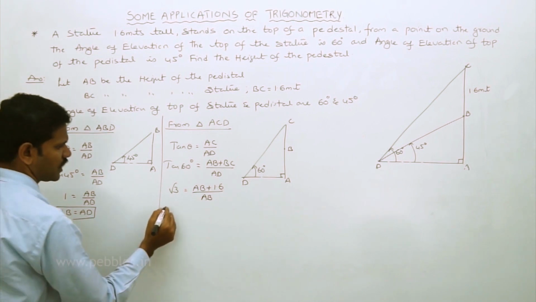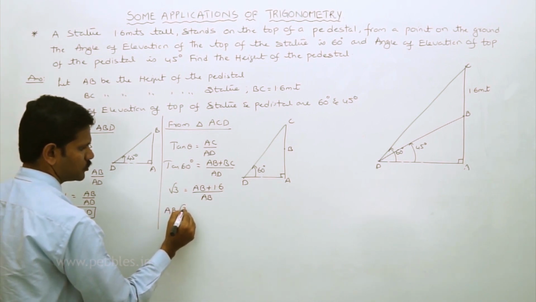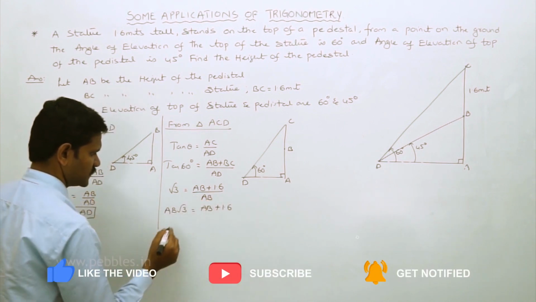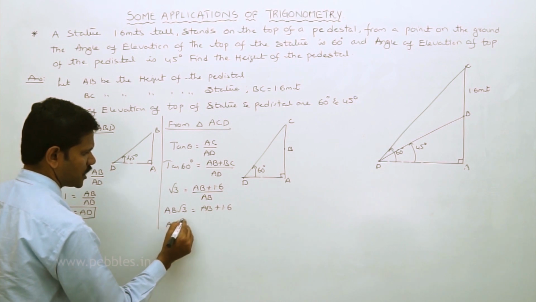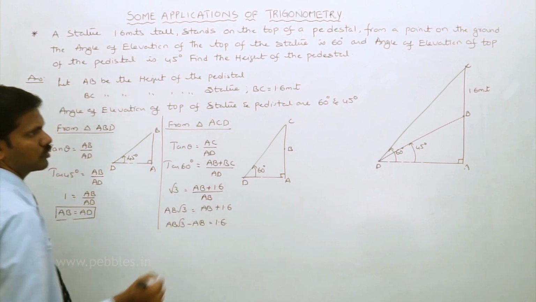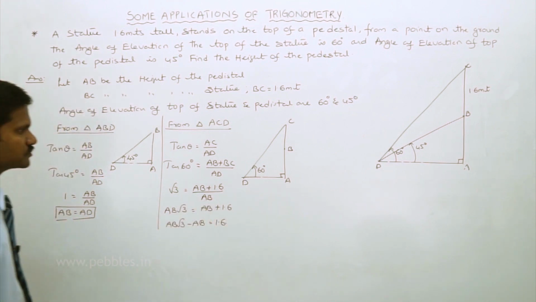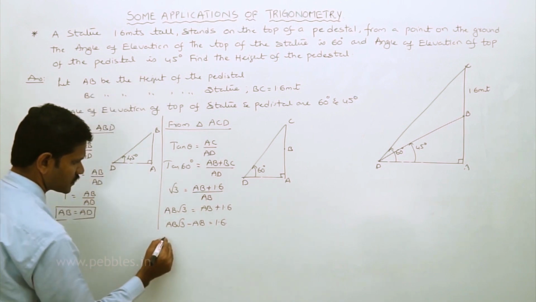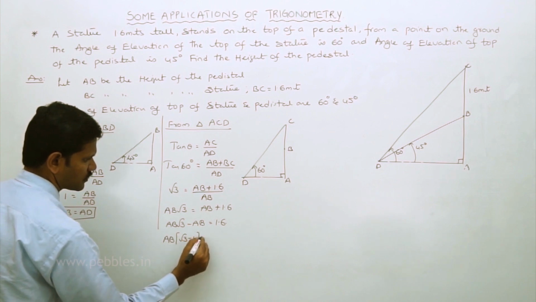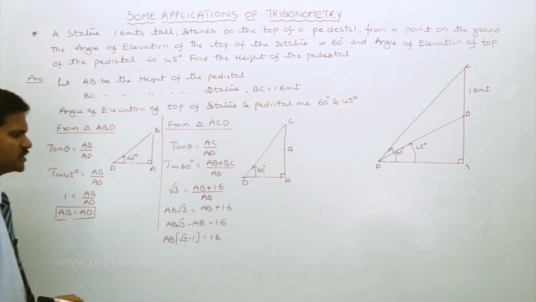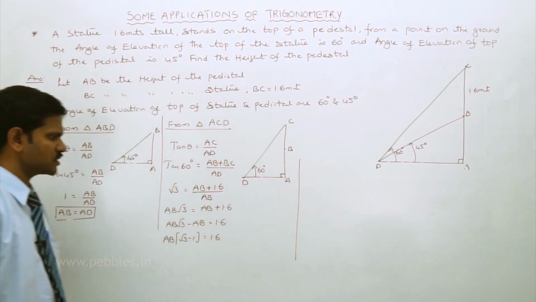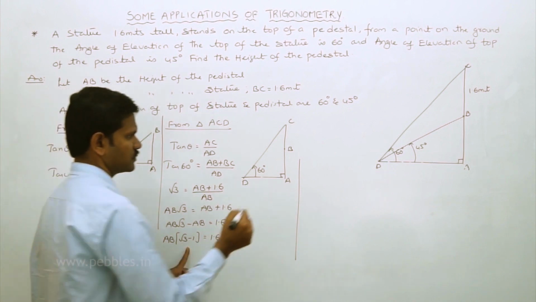Cross multiply. AB root 3 is equal to AB plus 1.6. That is, AB root 3 minus AB is equal to 1.6. Take AB common: AB times root 3 minus 1 is equal to 1.6. Now in this case we have to do the rationalization.